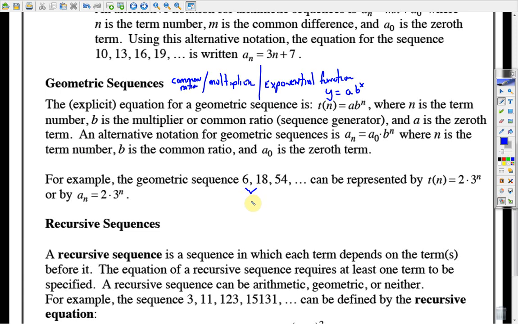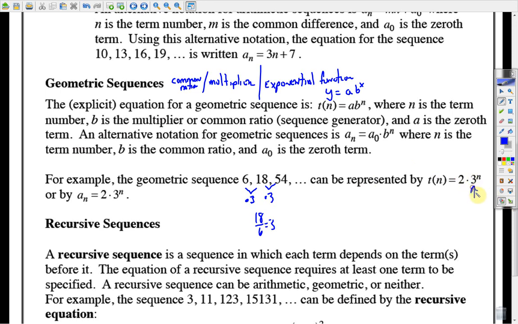Our common ratio here, which we could get by doing 18 divided by 6 and getting 3, or by recognizing that 6 times 3 is 18 and that 18 times 3 is 54, can be represented as t of n equals 2 times 3 to the n.